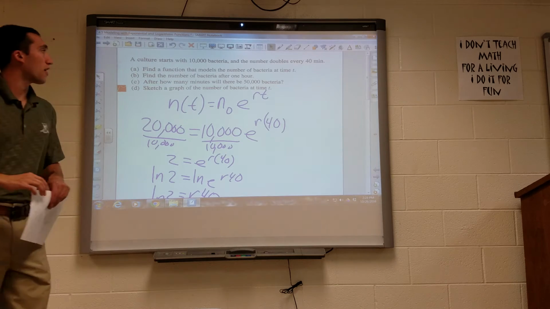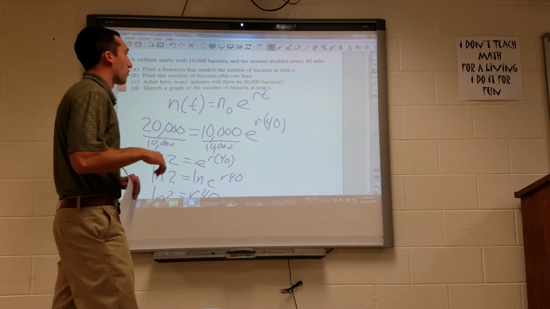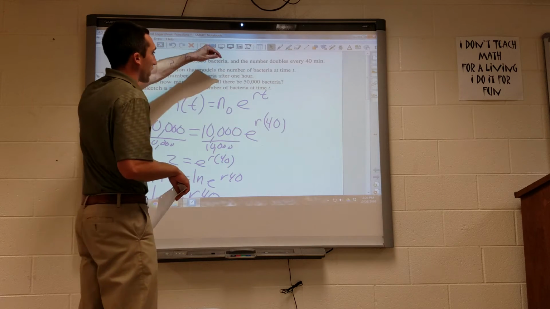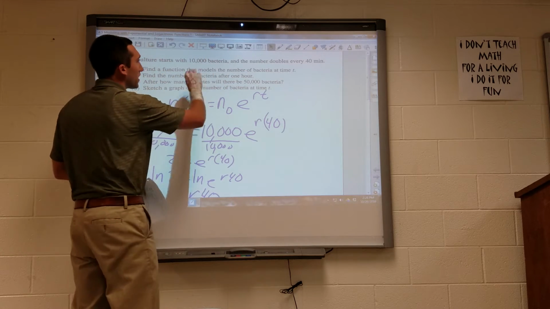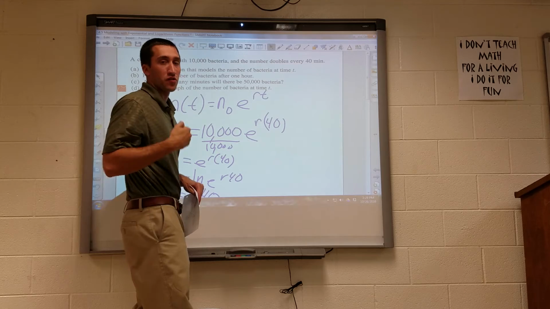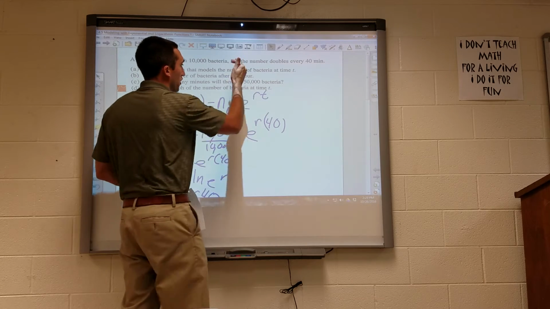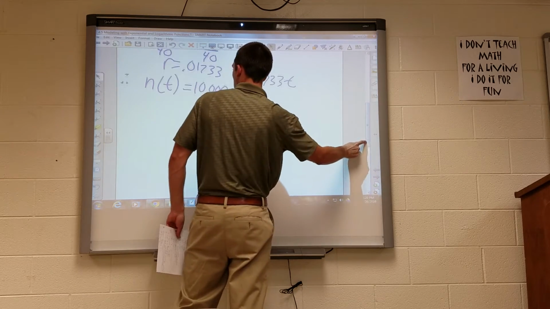B, find the number of bacteria after 1 hour. So you have to be careful here. They say after 1 hour, but we know that the bacteria are growing in minutes. So you have to turn your hours into minutes.